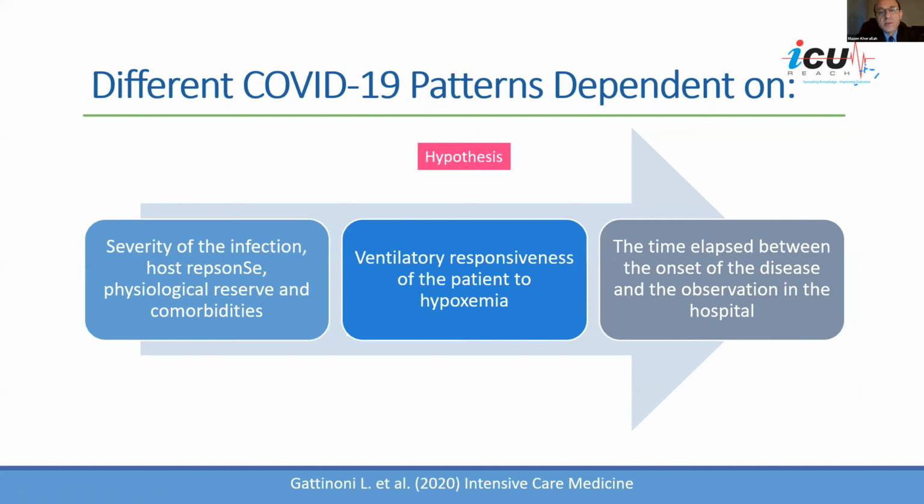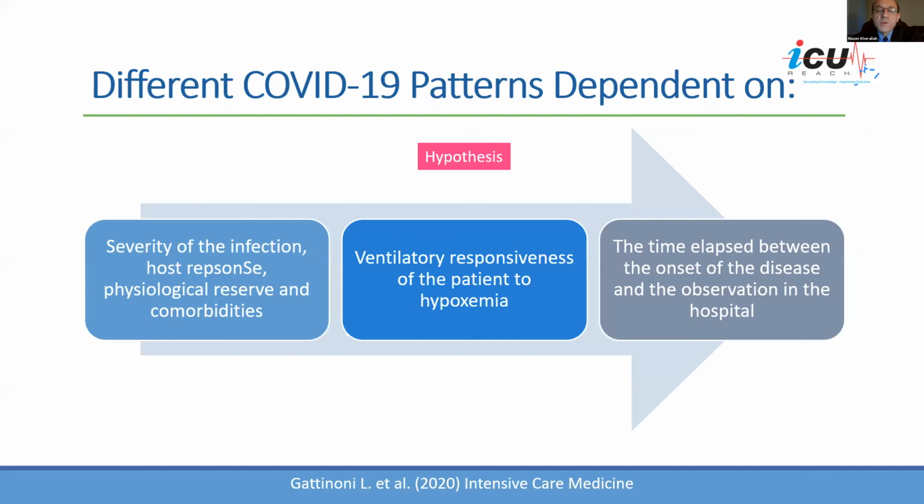We are hypothesizing that the different patterns are dependent on, number one, severity of the infection, host response, physiological reserve, and comorbidities. So we've seen different manifestations in different hosts.